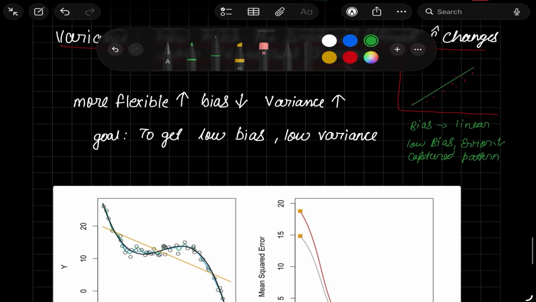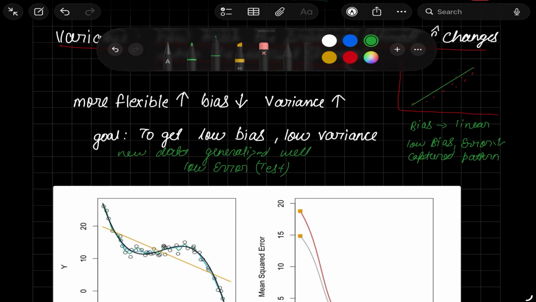So a captured pattern means new data is generalized well, which means low error on the test data set. As the data set changes, as new data comes, the error rate will always be low.